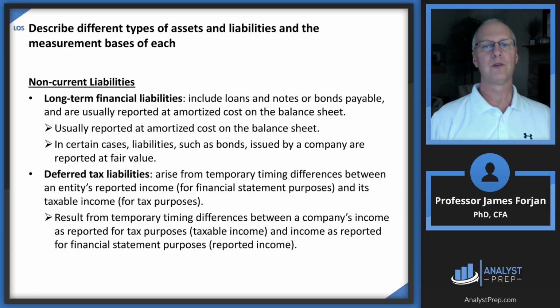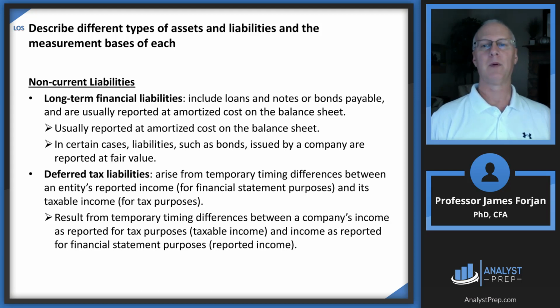Non-current liabilities: these are loans or notes, bonds payable, usually reported at the amortized cost. Remember back in your original undergraduate accounting days, you had to amortize the bond premium and the bond discount. Deferred tax liabilities: this is because we put together two sets of financial statements, one for financial statement purposes and one for tax purposes.